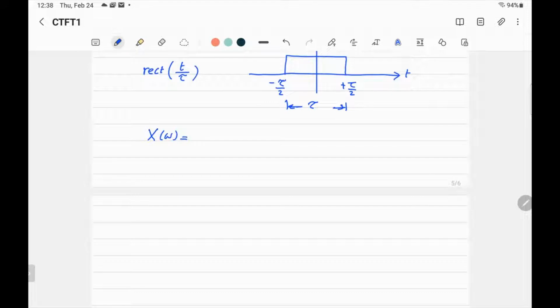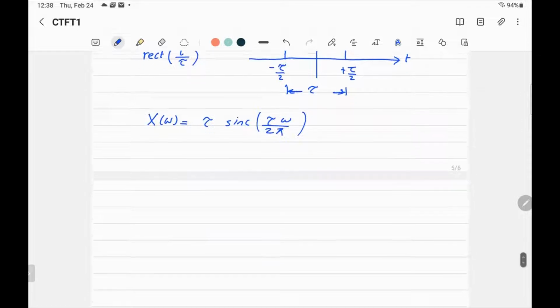It was equal to tau sinc of tau omega over 2 pi. And we said that's the first time you are introduced to the sinc function. It was toward the end of the lecture when I explained what the sinc function means.